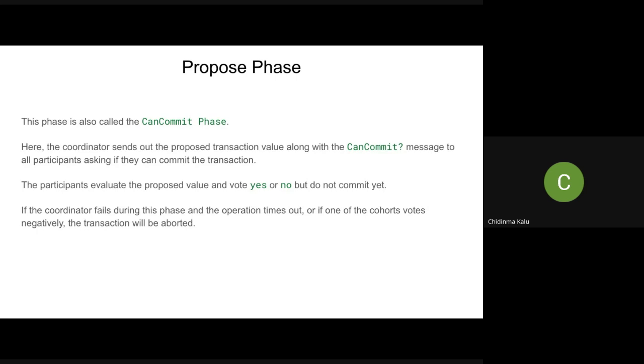The participants evaluate the proposed value, just like I talked about in 2PC, and then they vote yes or no, but they do not commit yet. In this phase, if the coordinator fails and the operation times out, or if one of the cohorts votes negatively, then the transaction will be aborted.